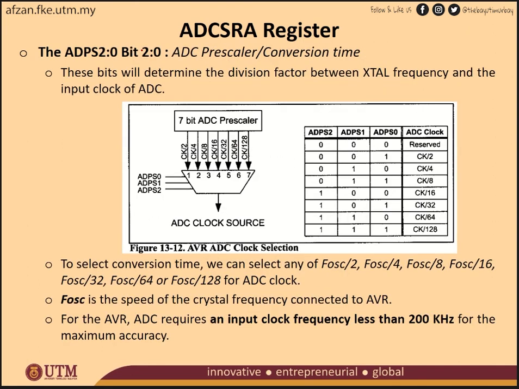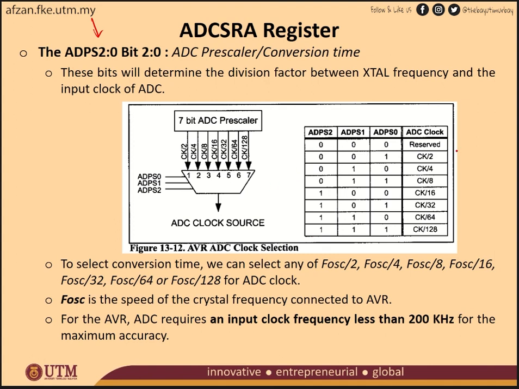So let's look at the ADPS2 bits, which are the prescaler options that you need to select. These bits determine the division factor between the external frequency and the input clock of the ADC. There are a few prescaler options available.